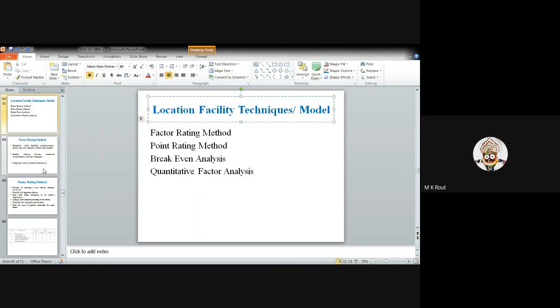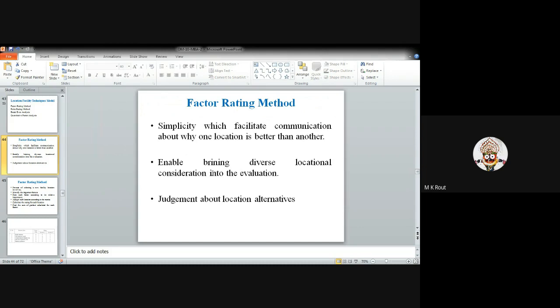Just note down the first one, factor rating method. Do not write the theories because I have already sent these PPTs to your mail also. This is very simple and facilitates communication about one location being better than another. As I told, in case of expansion of an existing plant to a new location, the new location provides better opportunities.